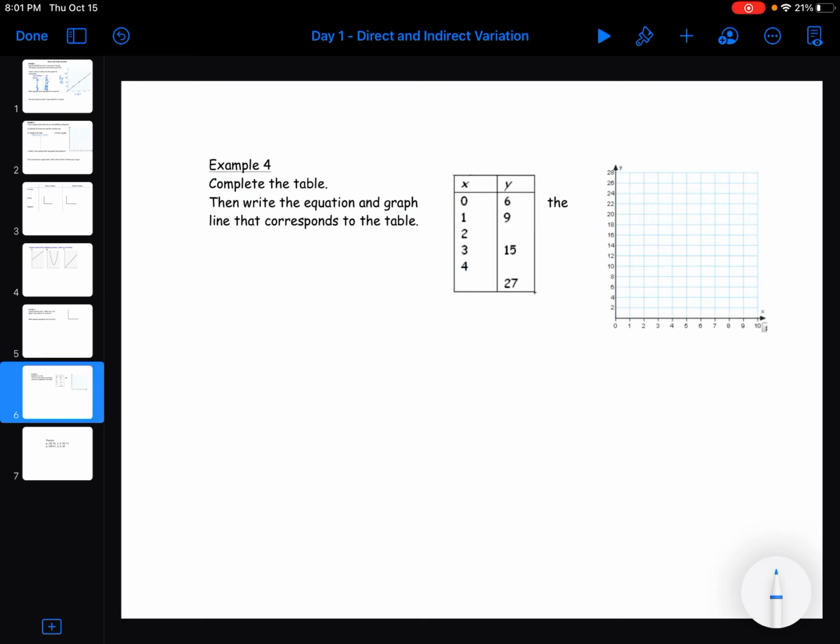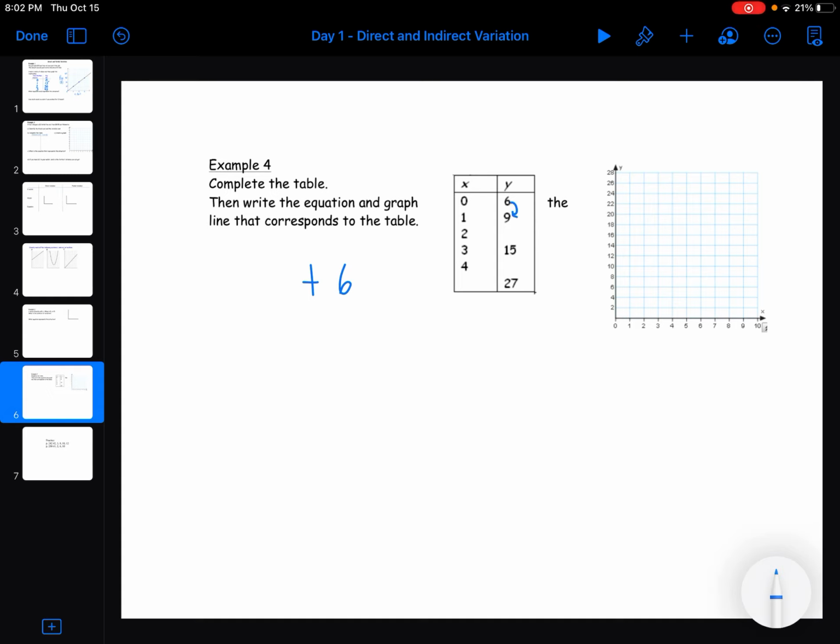Okay, last one. Complete the table and then write an equation and graph the line that corresponds with this. Well, we could graph it first if we really wanted to. First, we can recognize that this is not direct because we have an initial value of 6. If I look here, I've got an initial value right there of 6. So I know my equation is going to have plus 6 at the end. Now, I'm changing each value by a constant number.